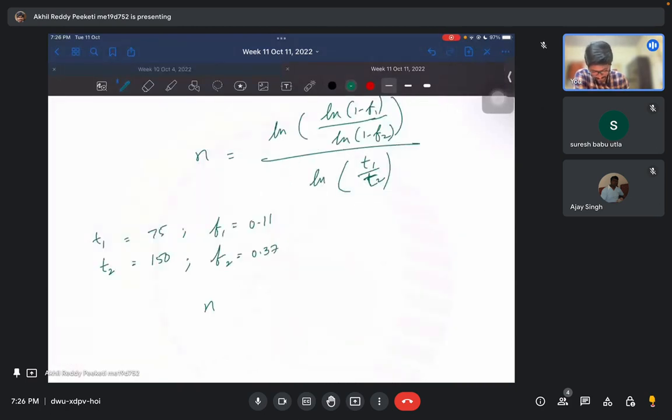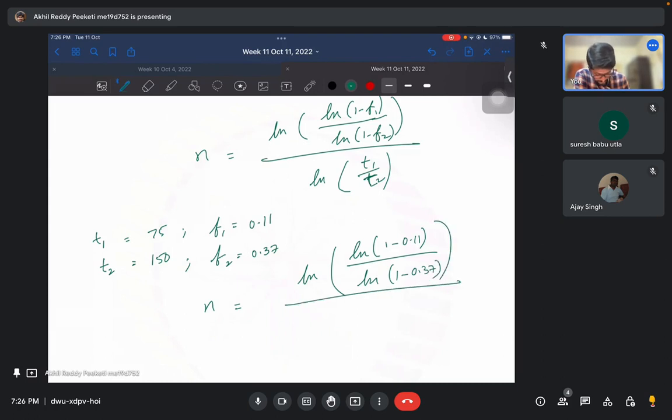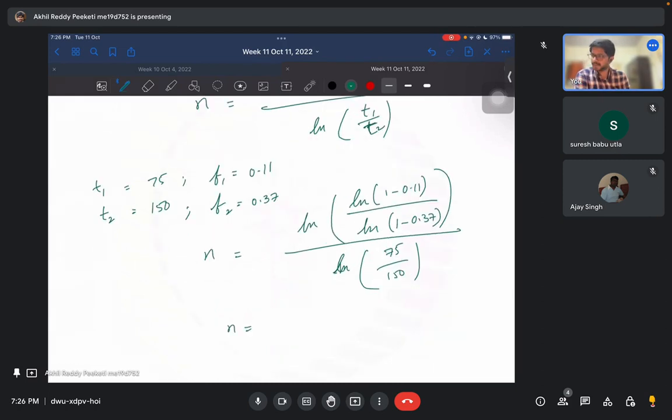So if you substitute that, n would turn out to be, let me substitute these values. So log of 1 minus 0.37.